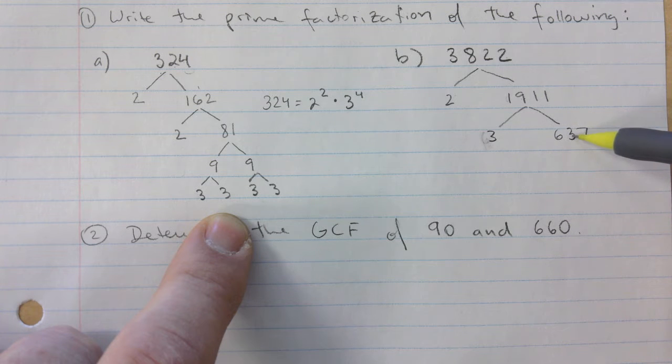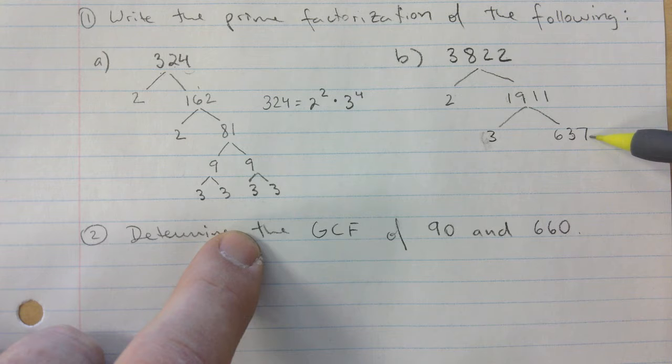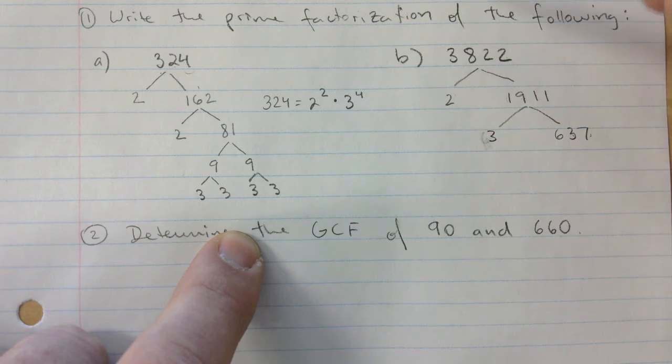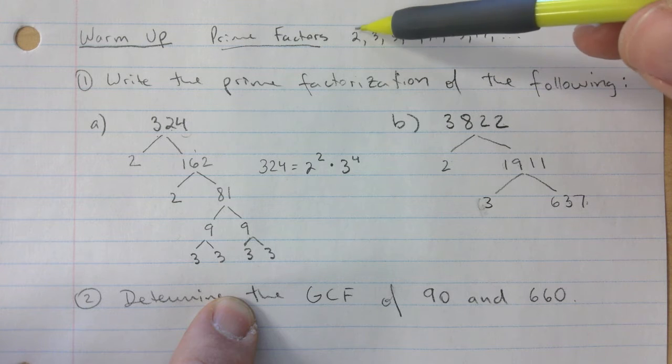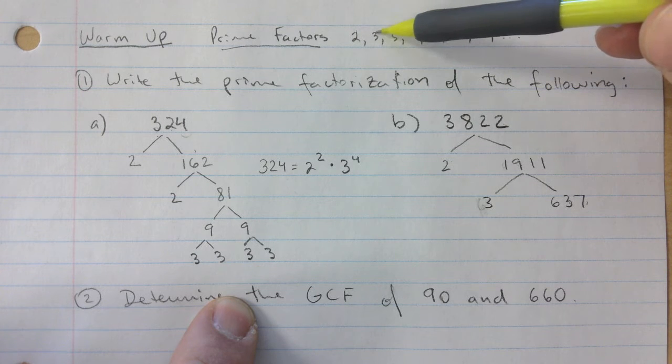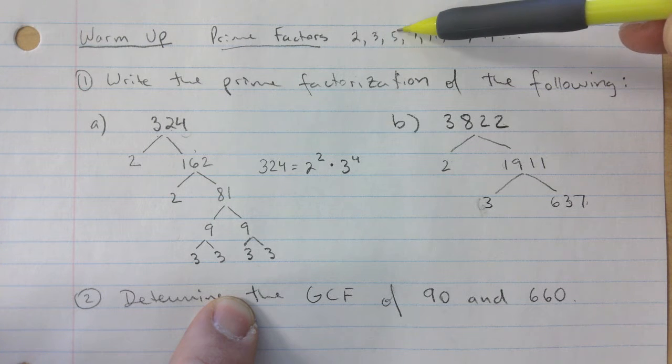Add it up again. 6 and 3 is 9, and 7 is 16. So the 3 doesn't work, right? So now you kind of gotta go through your list. You try 2, you try 3, 5 obviously will not work, right? Because it doesn't end in a 5.